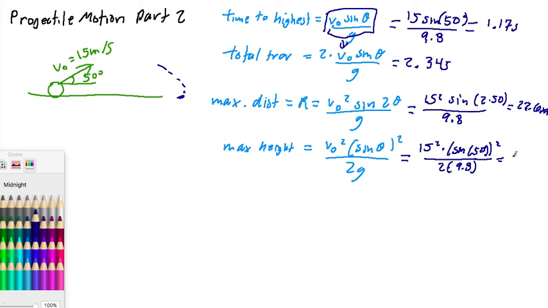Just do it on your calculator and make sure you get the same values as I'm getting here. So here this value would be 6.74 meters.